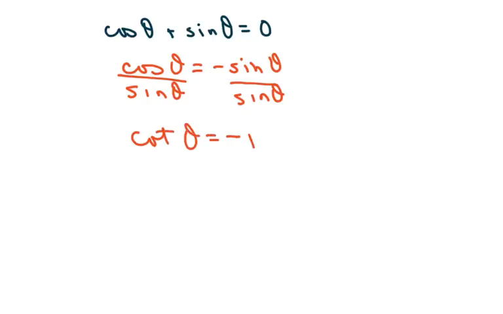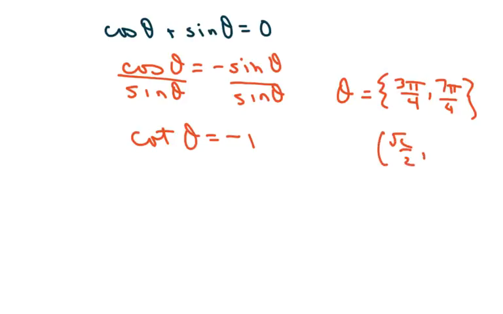And we know this happens where theta is 3 pi over 4 and 7 pi over 4. It's basically where the signs are opposite. So you have this or the opposite way. Your x and y's are the same but different signs.